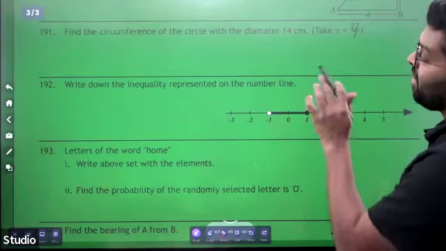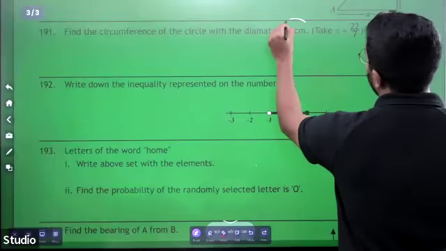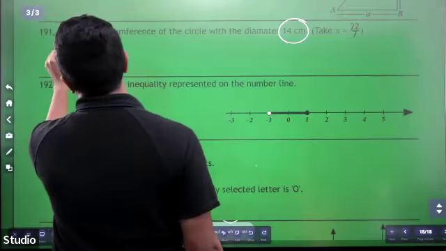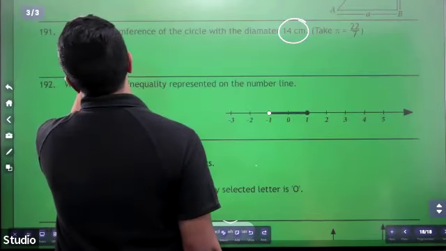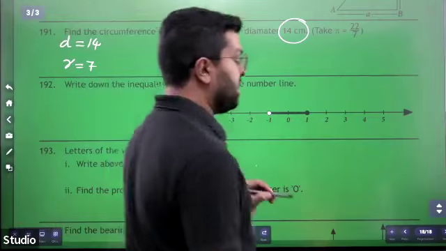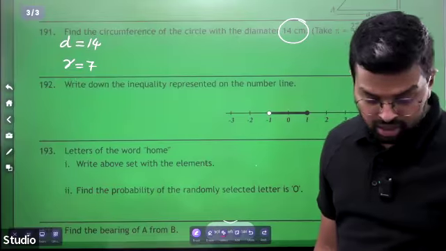Find the circumference of the circle with diameter 14 centimeters. So diameter equals 14. Therefore, radius equals 7 centimeters. What is the equation that we can use in order to find the circumference of a circle?